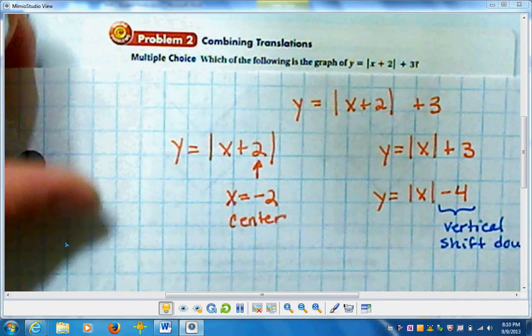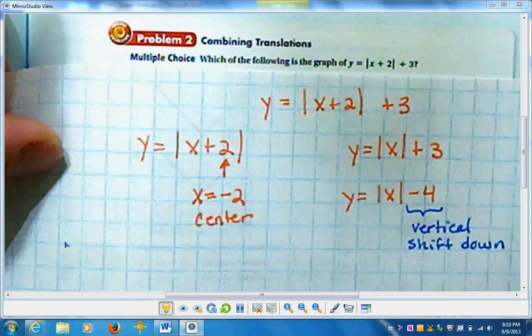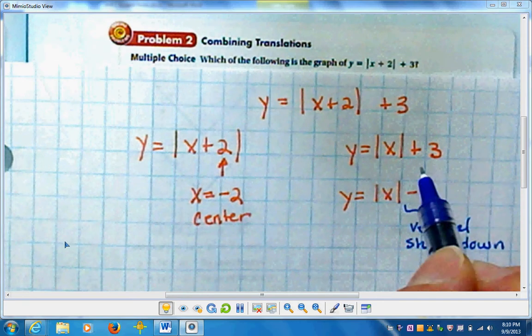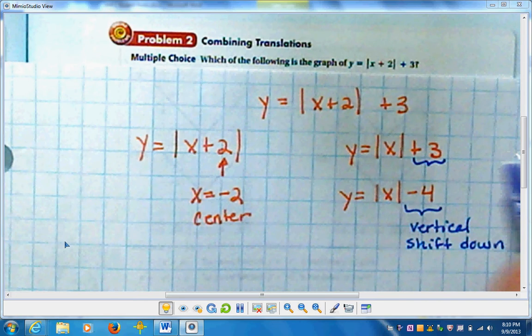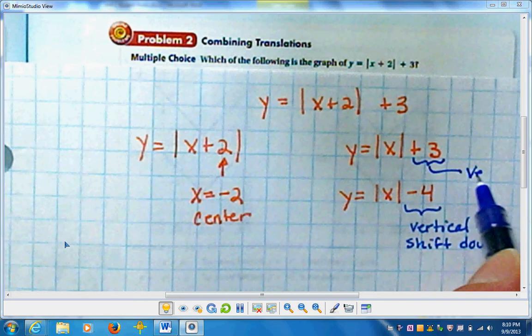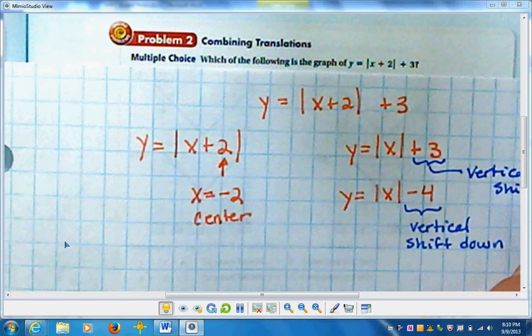So I have some high suspicions that this plus 3 must do the same thing. That must be a vertical shift down.